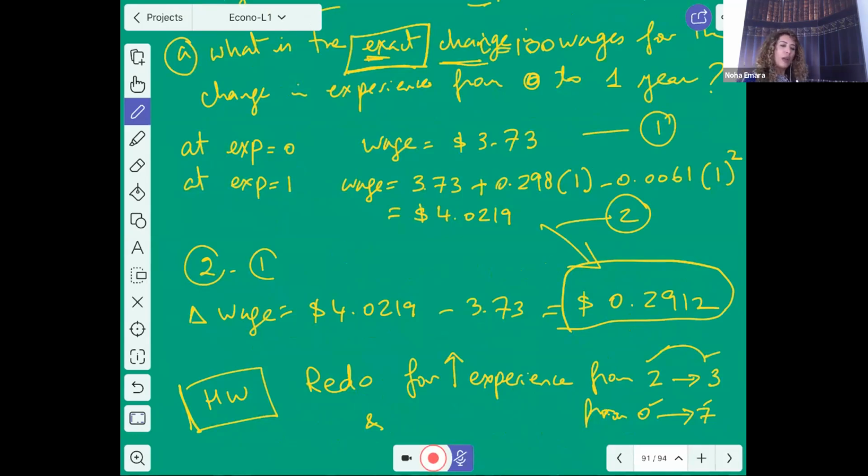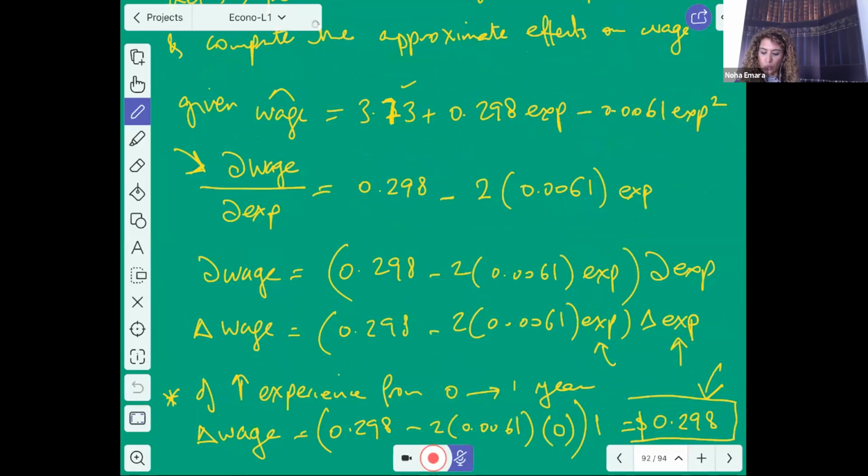So you might have a question asking you to compute exact or approximate. For the exact, you just plug in numbers and you get the difference between two equations. However, when it's about approximate, then you basically need to use this equation, and you plug in the numbers that I'm asking you to.